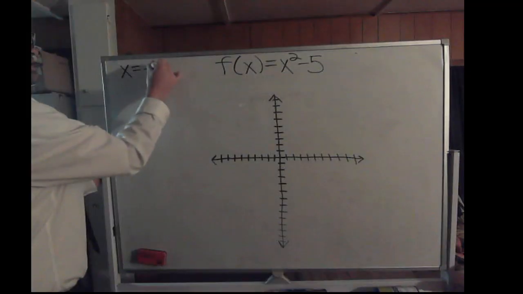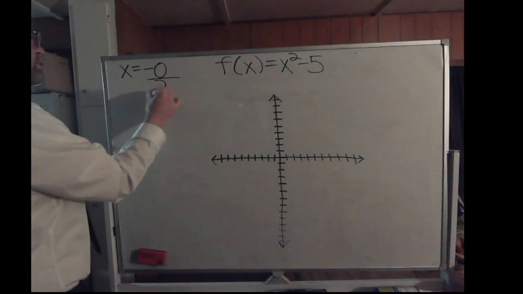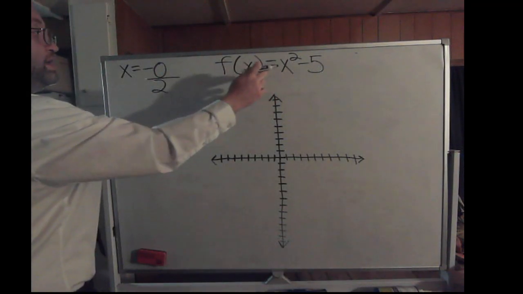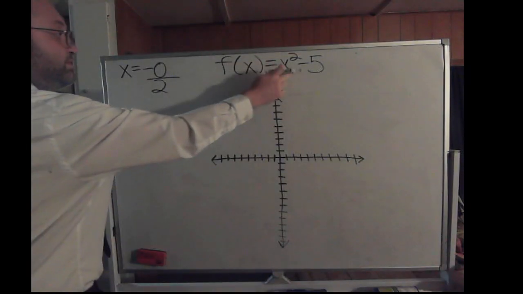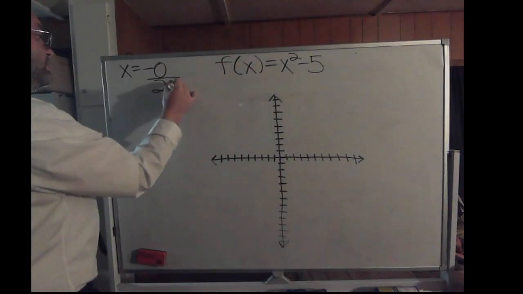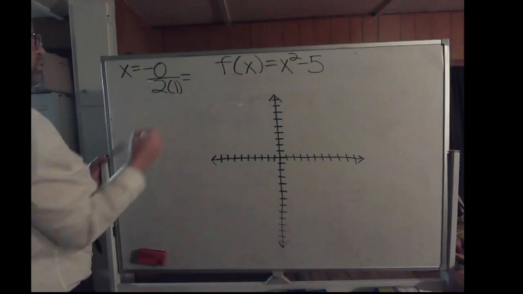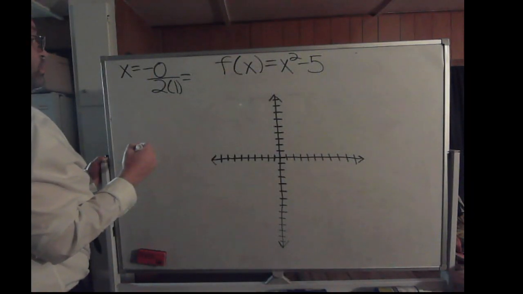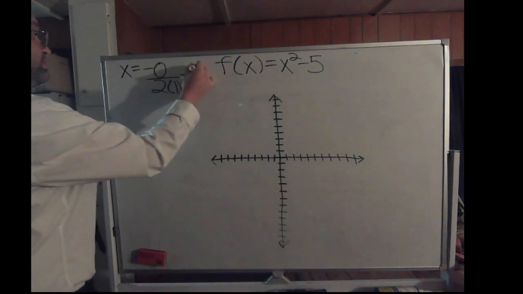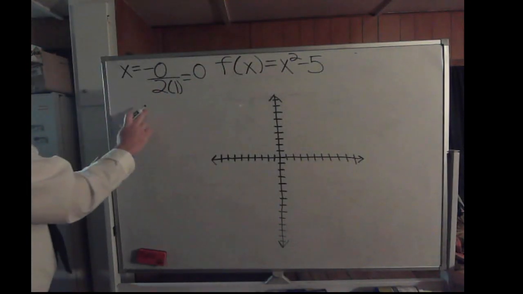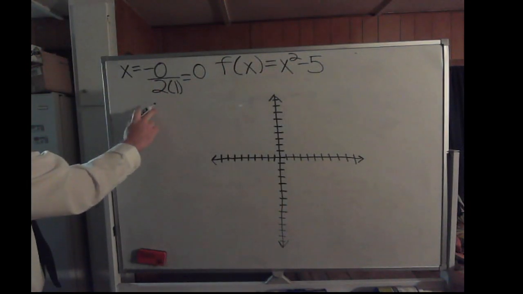So in this case, it would be negative 0 over 2 times the a term, the ax squared term. The coefficient on the x squared term is 1. So you have negative 0 over 2 times 1. Well, that's just going to be 0. We got the x coordinate of the vertex.